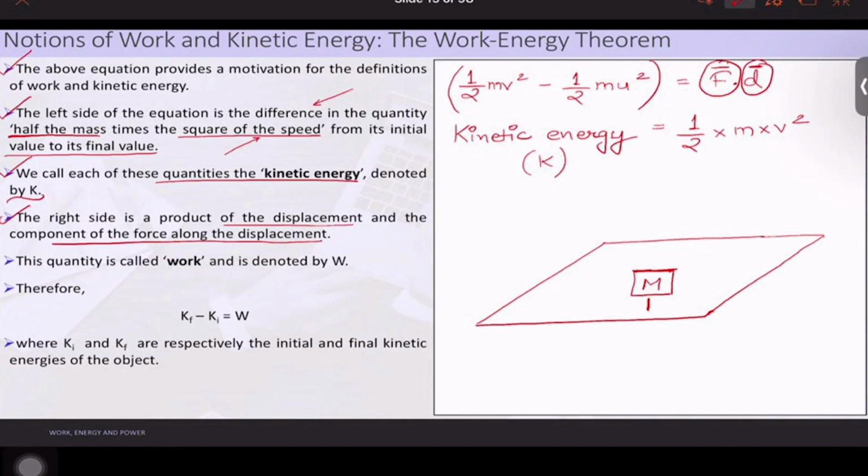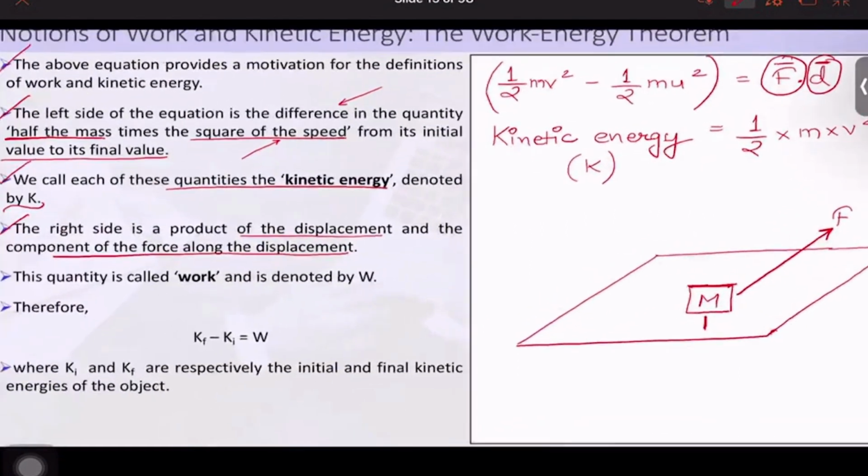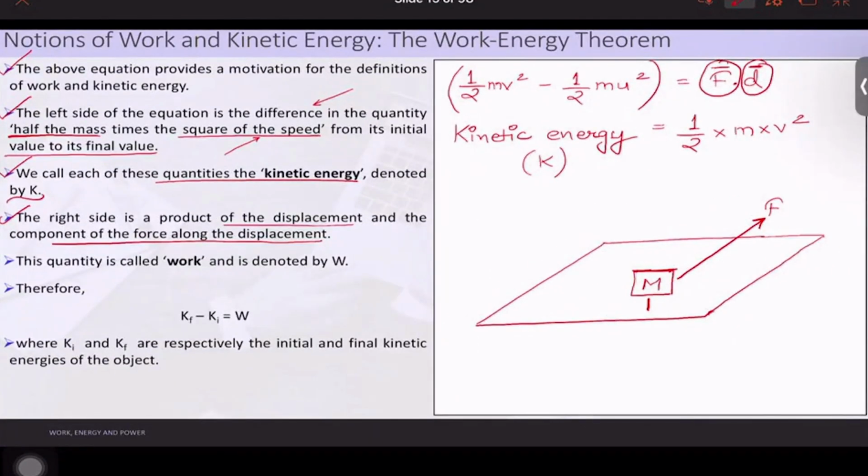Let's say using a hand, I was pulling it in this direction. Let us suppose the mass was such that it cannot leave the contact of the plane, and it is moving in this direction. So this is the direction of its moving. It moved from this position to, let's say, this position.